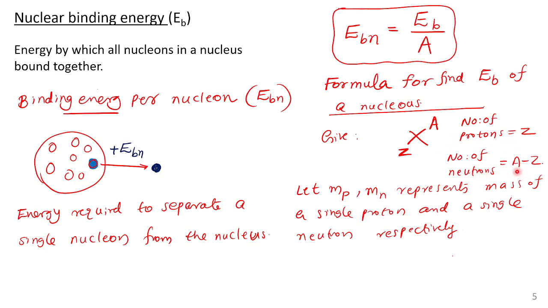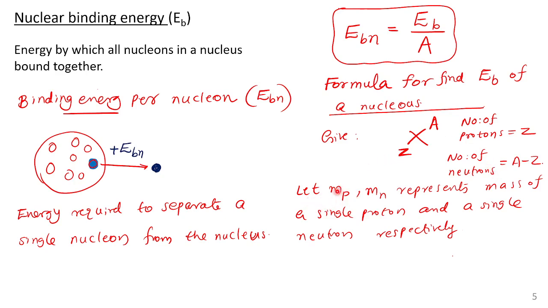This part is clear? Yes, sir. So if an element is given like this, the lower number represents the number of protons and the difference A minus Z represents the number of neutrons.